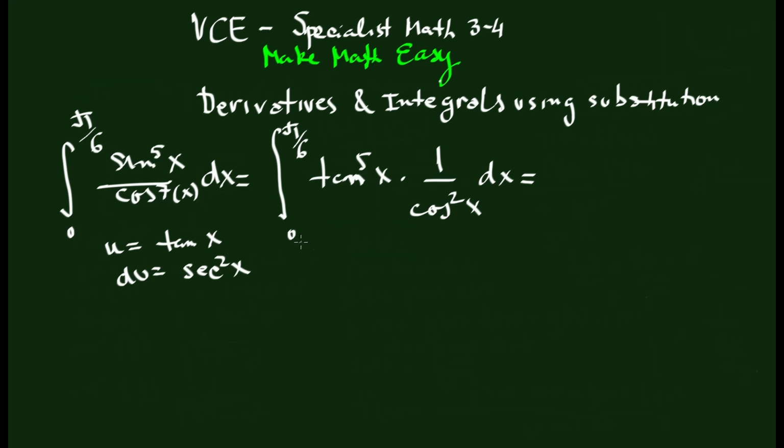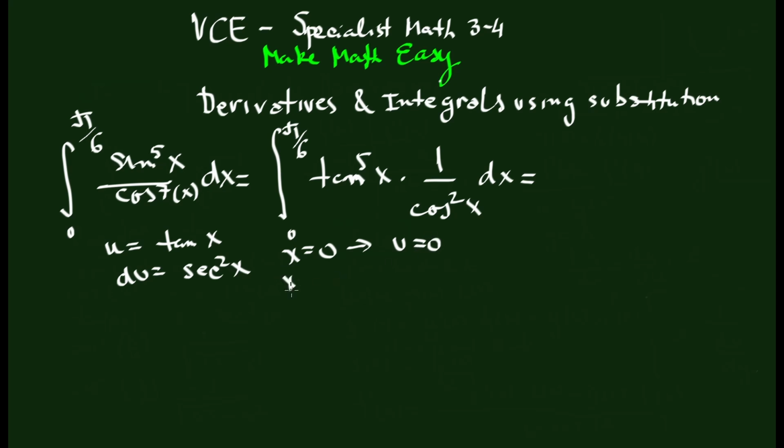Also the boundaries of the integral change. When x is equal to 0, then u becomes tangent of 0, and sine of 0 is 0, so therefore u is also 0.